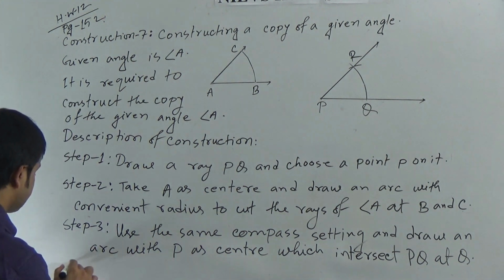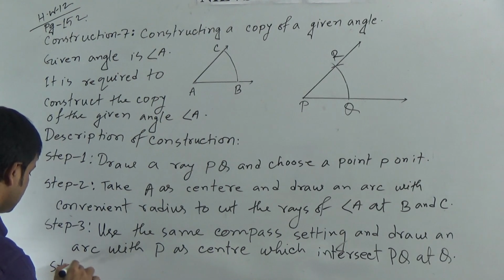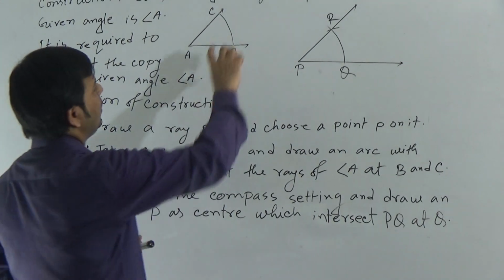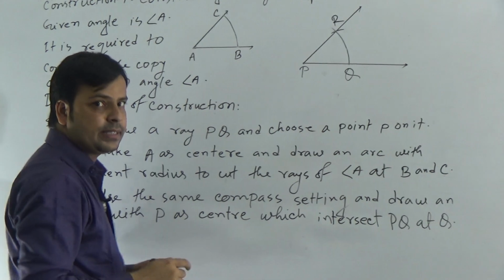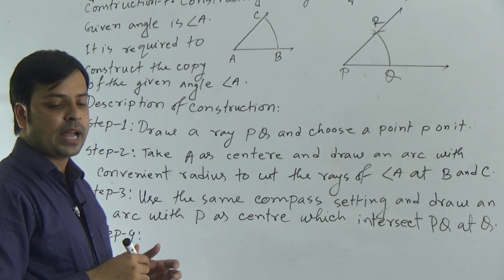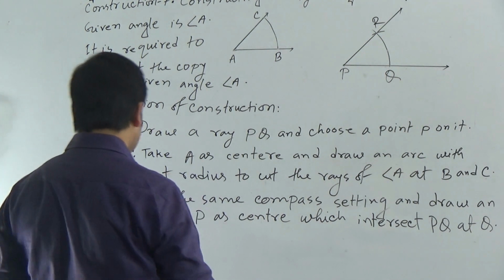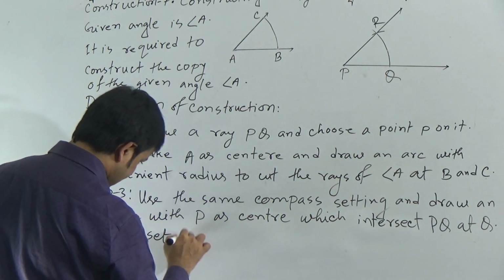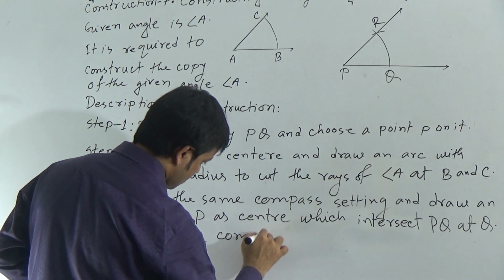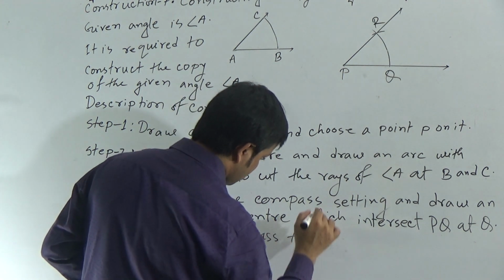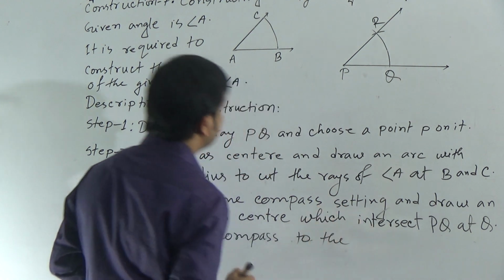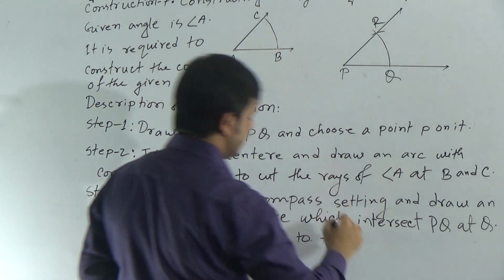Now go to the next step, step 4. We have to measure the length BC. It means that we have to write set the compass to the length BC.